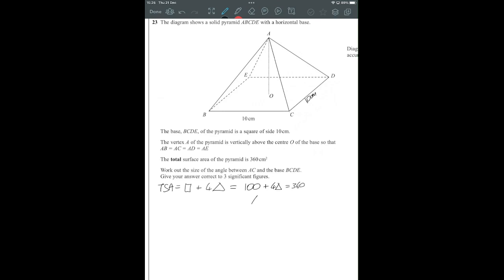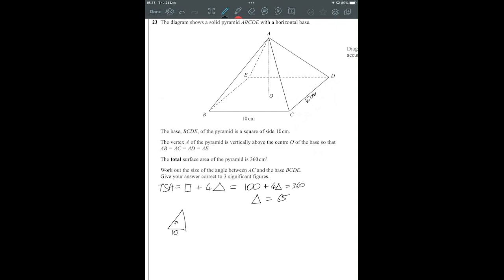So the area of one triangle, 360 subtract 100 divided by 4. Each triangle has an area of 65. Okay. Well, what can I work out about one of these triangles then? At the moment, I'm just trying to work out everything I possibly can. It has a base of 10.